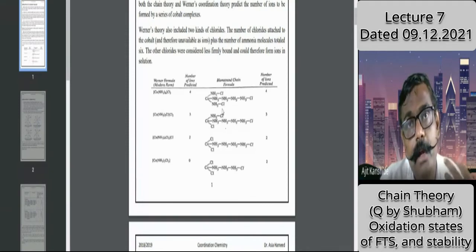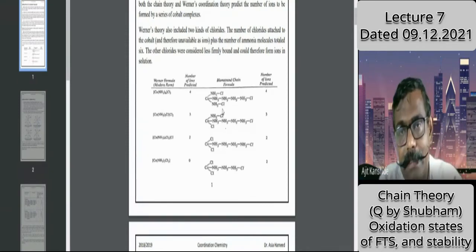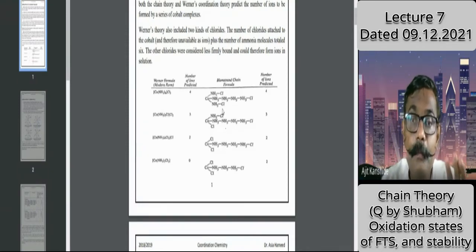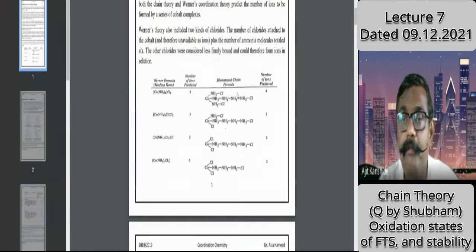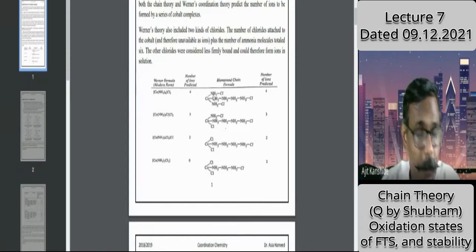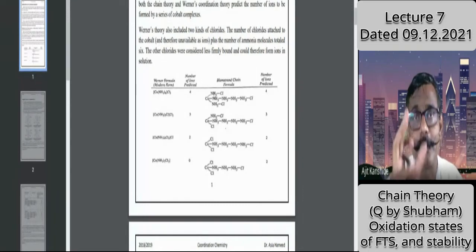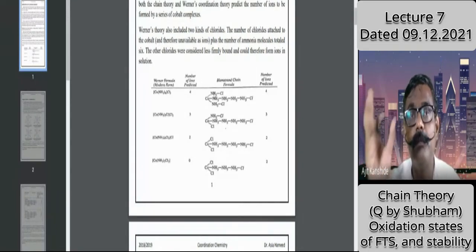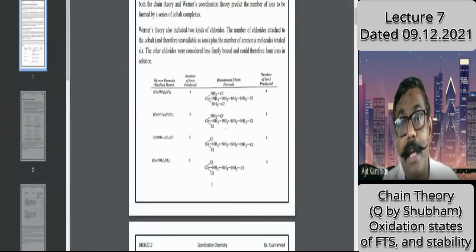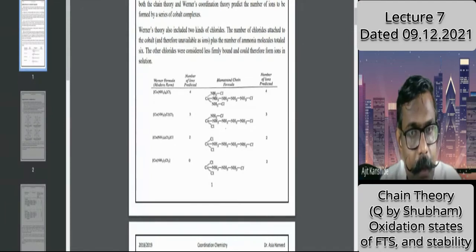So one were 1 ammonia, other were 2nd ammonia, and remaining 4 ammonia will be with the 1 chloride. So ammonia remains in between joiner or chain formation molecule. It was their expectation. Yes, could you able to understand what I'm saying?